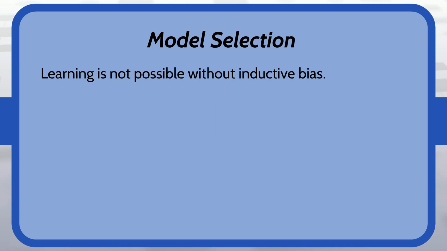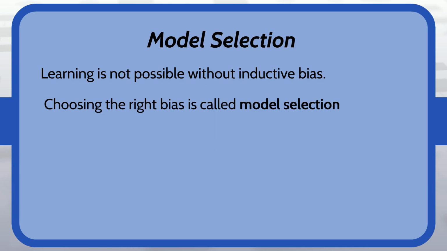So learning is not possible without inductive bias, but choosing the right amount of inductive bias is what we call model selection. Because the question really is, how do we choose the right bias? And what is that going to give us? This is model selection, which in other words is just choosing between the possible hypothesis classes.